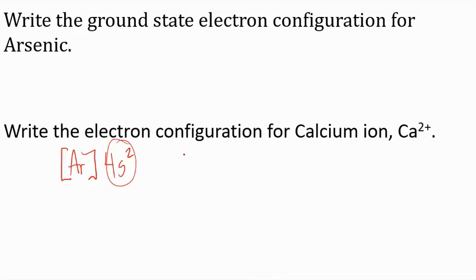Then you can't write argon here anymore. You've got to write neon, and it would be 3s2, 3p6. Because that's argon, then that wouldn't be an electron configuration.